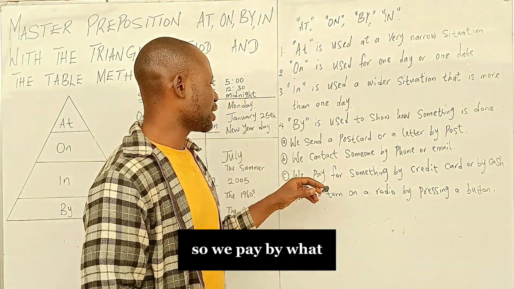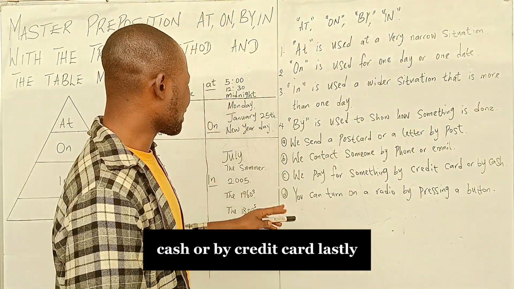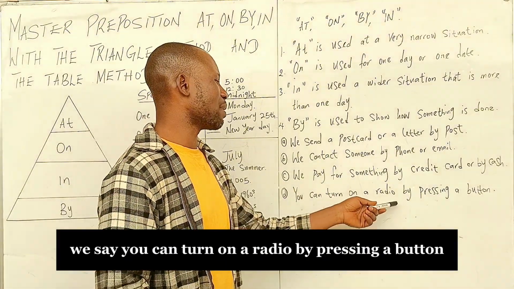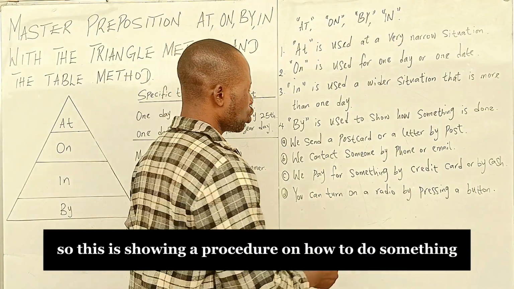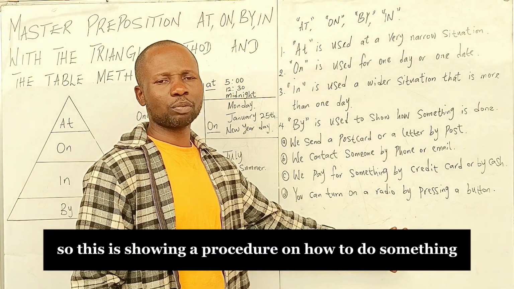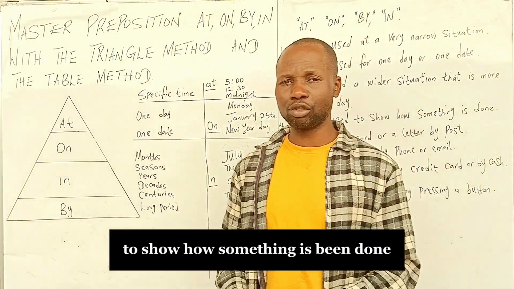So we pay by what? By cash or by credit card. Lastly, you can turn on a radio by pressing a button. So this is showing a procedure or how to do something. So by is used for what? To show how something is being done.